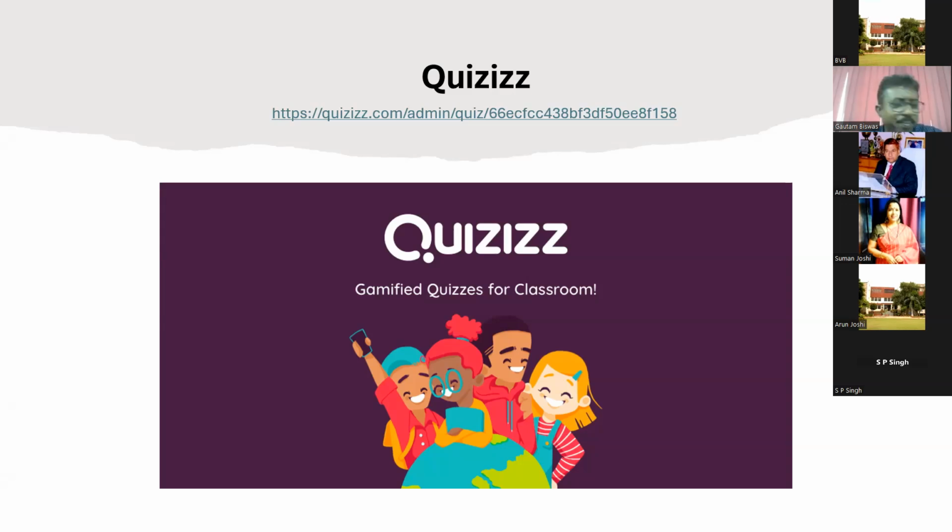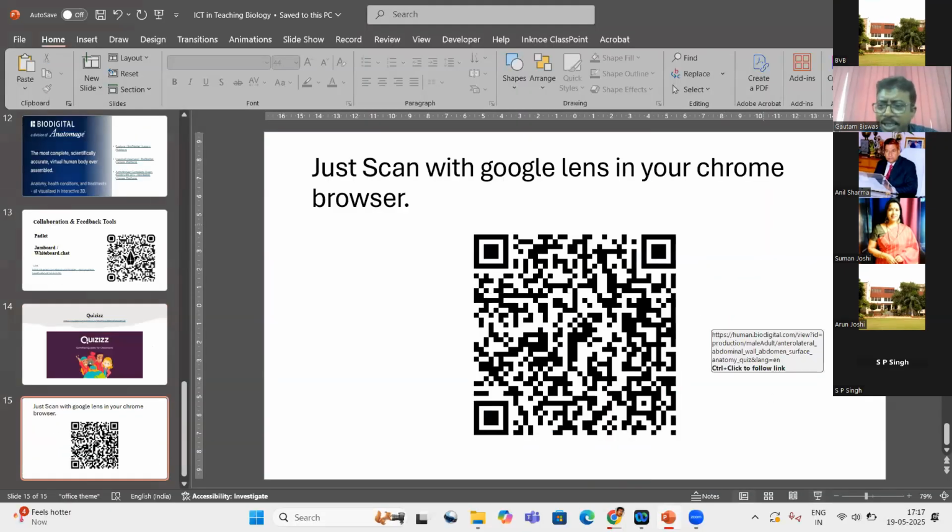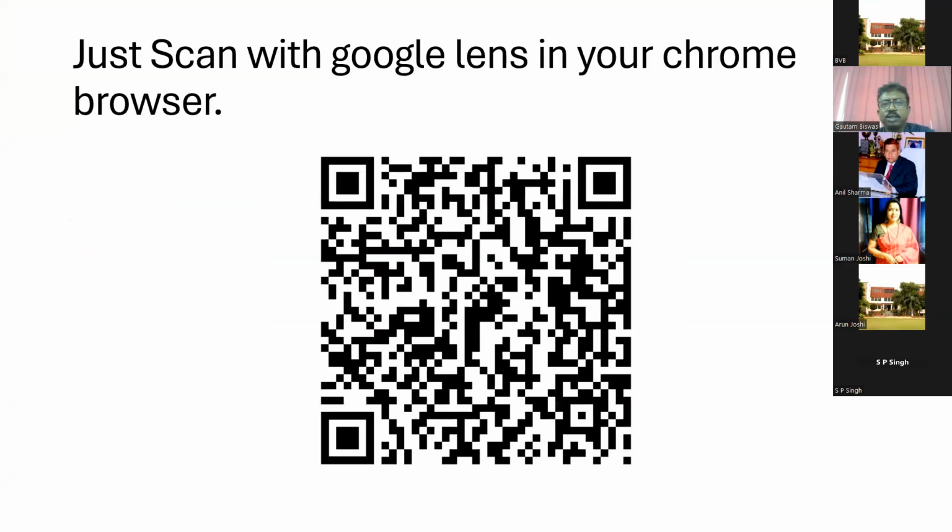Finally, I would like to end, because I think I am going beyond the time. I would like to end with one QR. You can just scan this and see what you get. The same way you have scanned before, just scan it and see what you are getting through this QR.